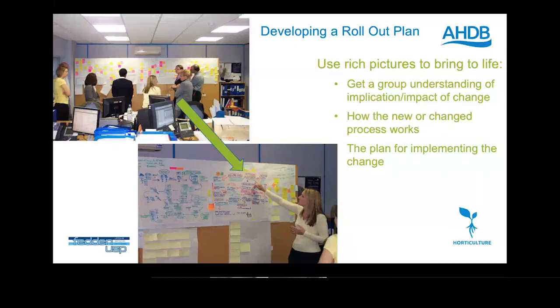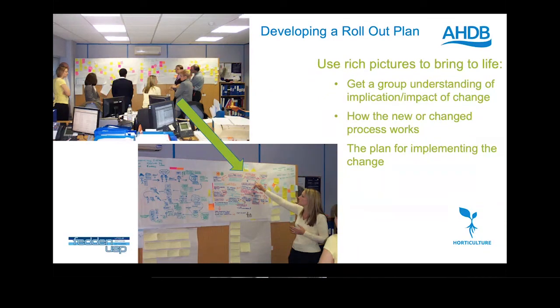The example that I showed you before was of that organisation, the garden centre, making cappuccino coffee, and how they used a rich picture to show what the layout would be of the new hot drinks counter that they were trying to design. So it's just a way of articulating and getting the group to think through what this new process could look like if they carry out all the improvements that they wanted to do.